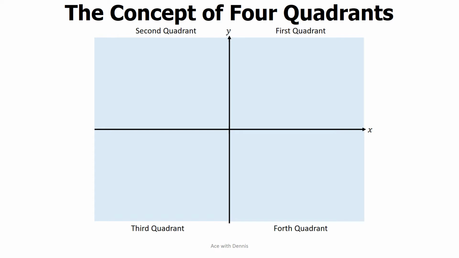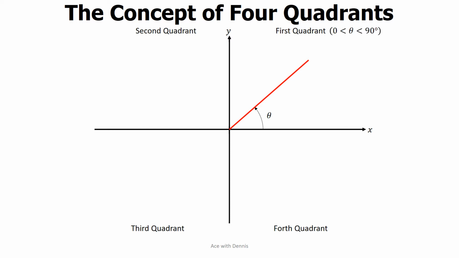Now let's move on. We take the x-axis as our reference, and we start to rotate with a certain angle, theta. We can draw a straight line here, right? For the first quadrant, the angle is 0 to 90 degrees.